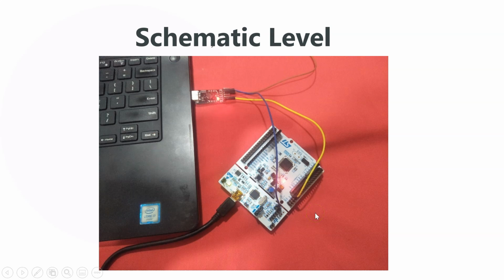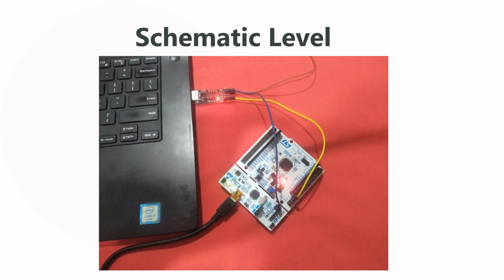You can see I'm probing a jumper here. In the next slide, I will go into the schematics. We just take the schematics of this board, which is readily available on the manufacturer's website. I'll link that below also.